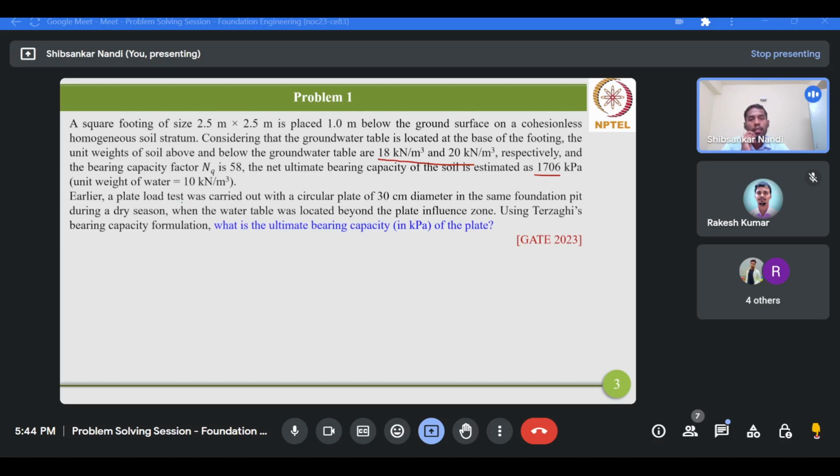Have you any idea? Okay, so this is also a subsoil in situ test. So we can basically get the load deformation behavior, the load settlement behavior for the subsoil. Okay, so suppose this is the load and this is the settlement.